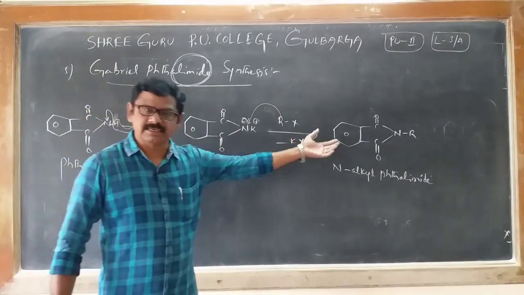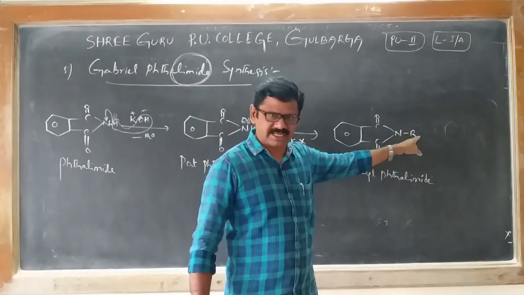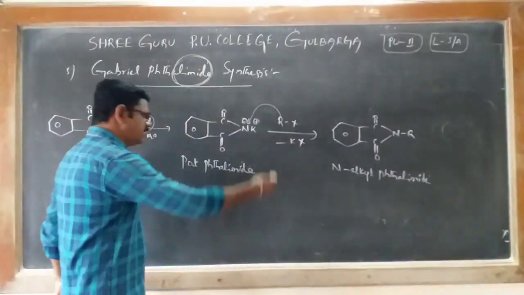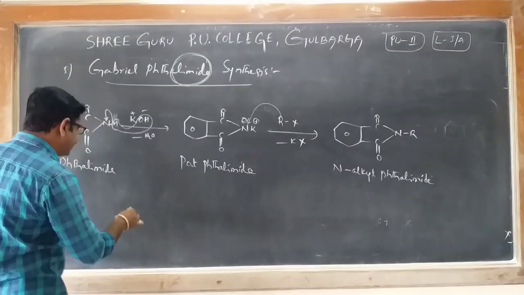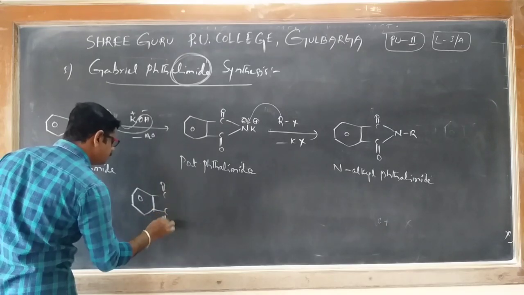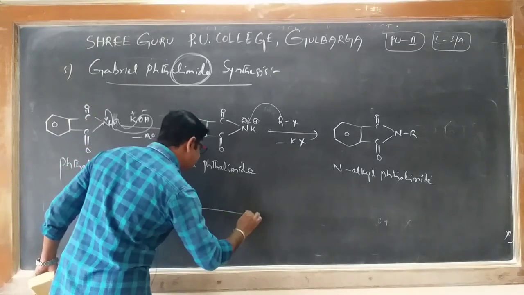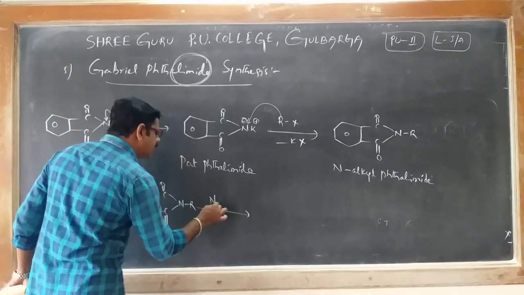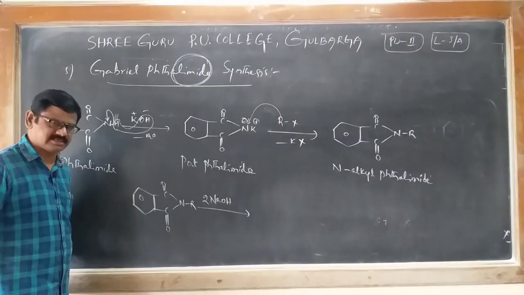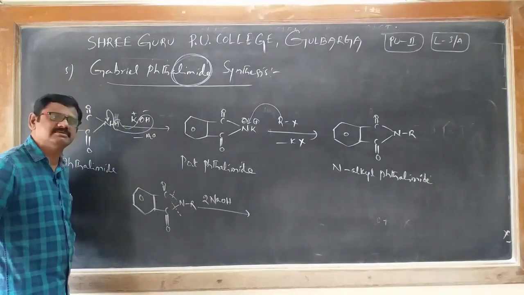But still amines have not been obtained. N-alkyl phthalimide has formed till now. In the last step, the same structure once again I will write here: N-alkyl phthalimide, CONR. When this N-alkyl phthalimide reacts with alkali sodium hydroxide, for balancing I am taking 2 moles of sodium hydroxide. Very simple. Both bonds break.